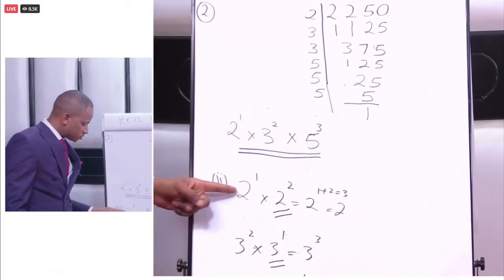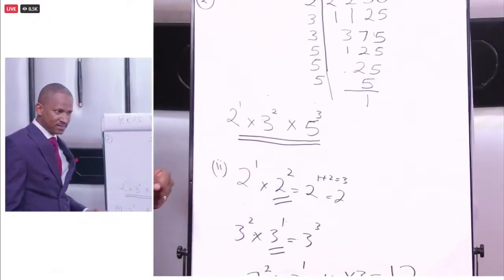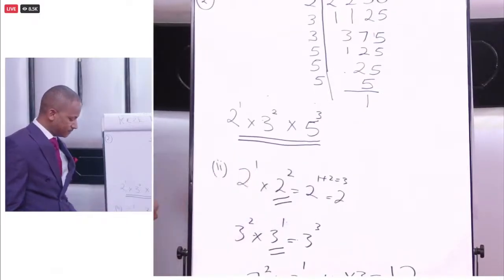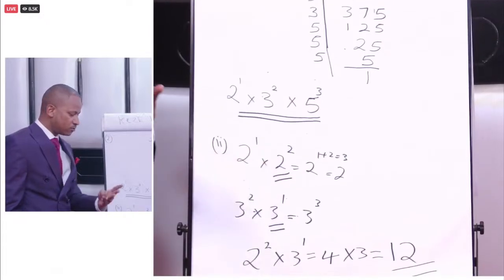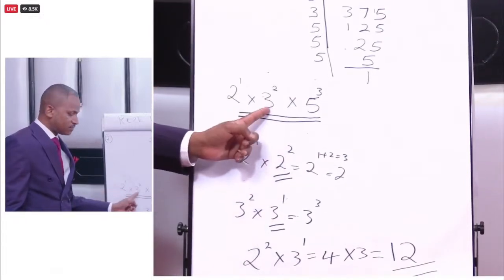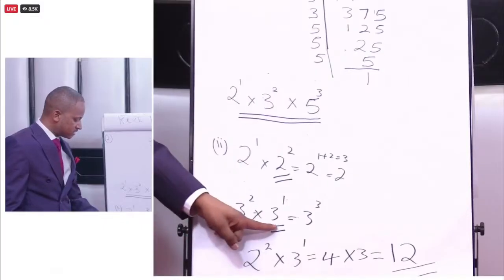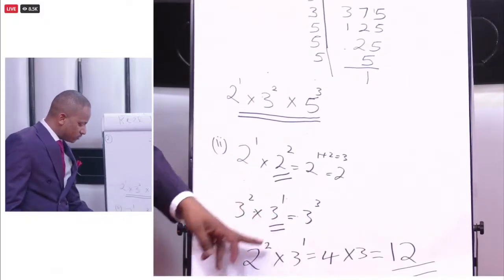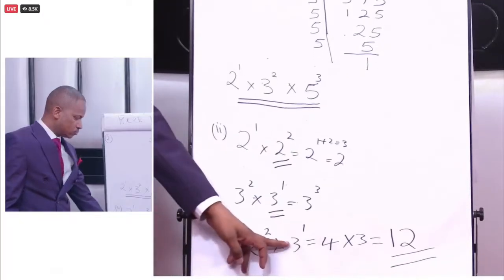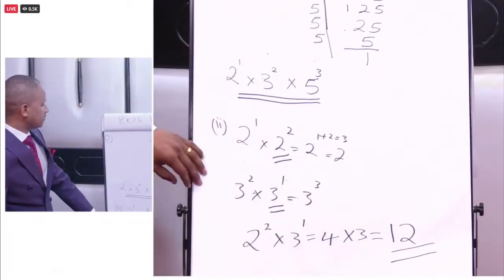So you introduce 2 raised to power 2 to make the power divisible by 3. When you add the powers, you get 3. So what have you introduced? 2 raised to power 2, which is 4. Then you come to the next number, 3 raised to power 2. You introduce 3 raised to power 1. Then you multiply that by 2 raised to power 2. You get 12. So our answer is 12.